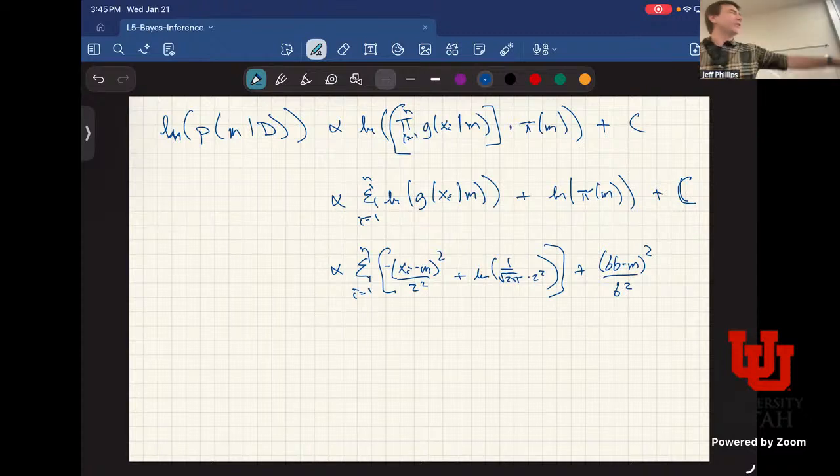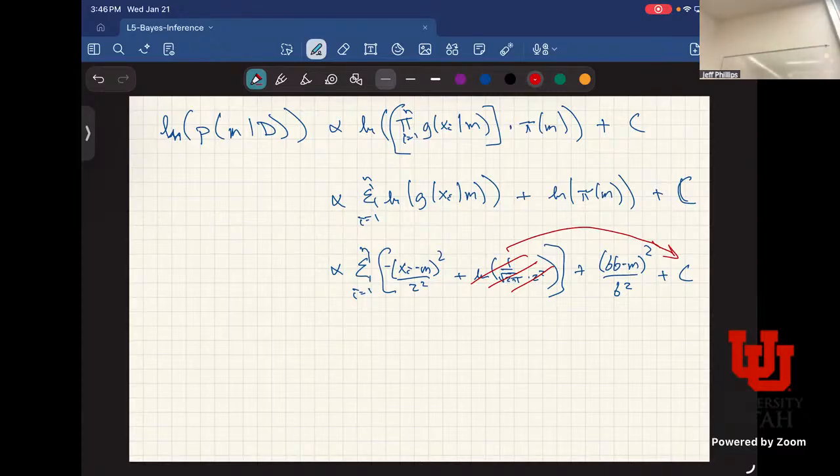Okay, and then the coefficient also goes inside the log, but that's also a constant, so I'm just going to throw that into here. In fact, all of this term can get thrown into this constant here, right? This term had no dependence on the choice of m, so it can get thrown into the constant. When I'm maximizing this, I don't care about this value. This should actually be a minus here, right? It was a negative.